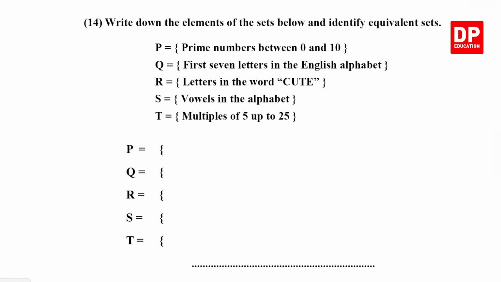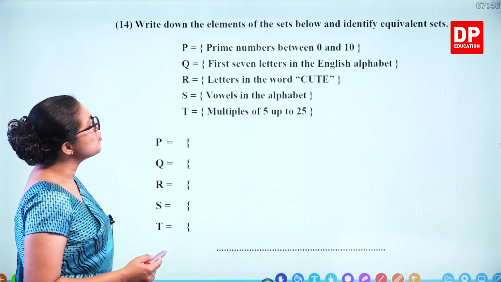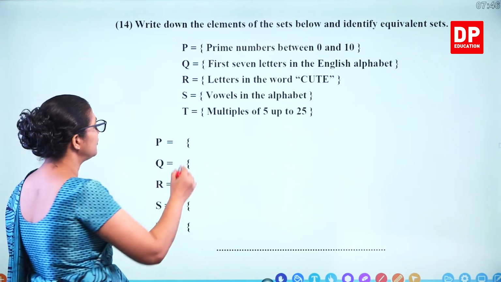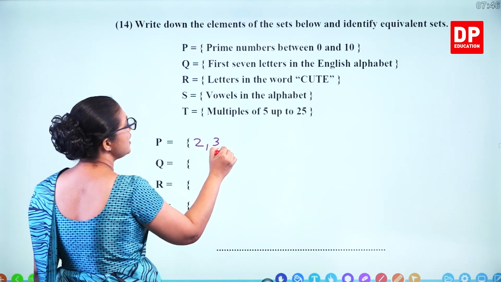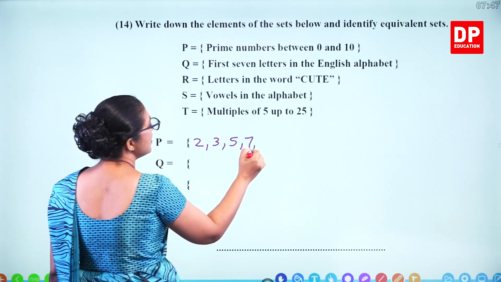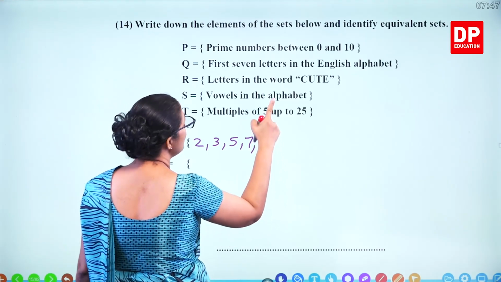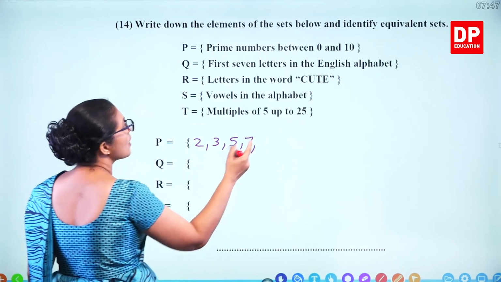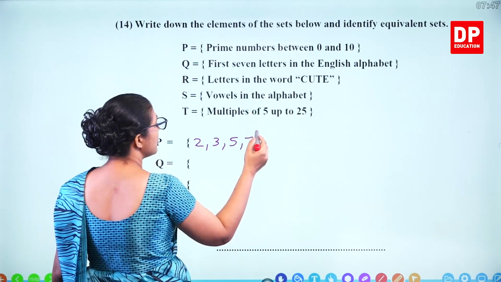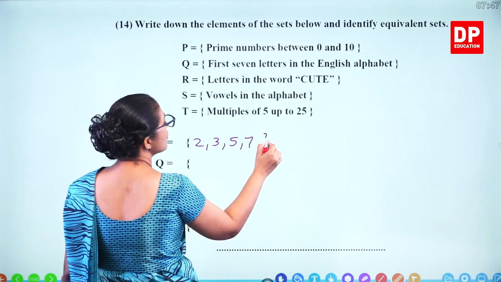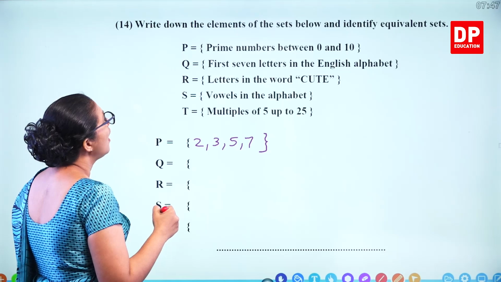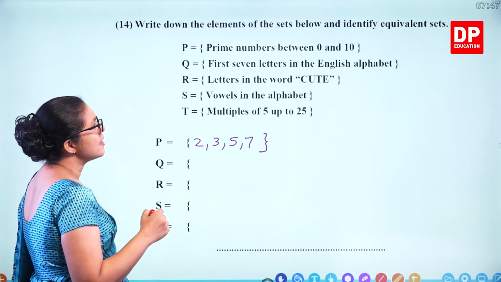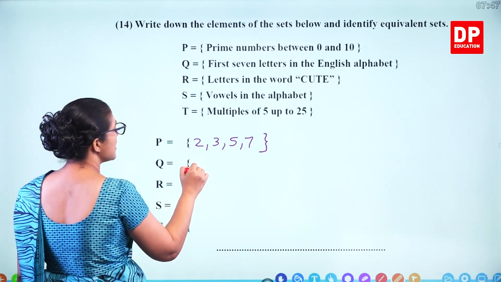Write down the elements of the sets below and identify equivalent sets. Prime numbers between 0 and 10. What are the prime numbers? 2, 3, 5, 7, 11. You can't write 11. This is up to 10. So 5, 7. First 7 letters in the English alphabet. First 7 letters.